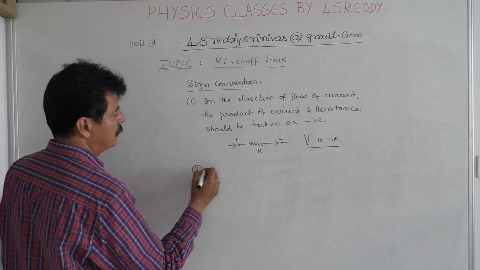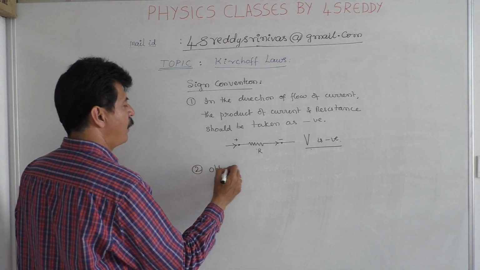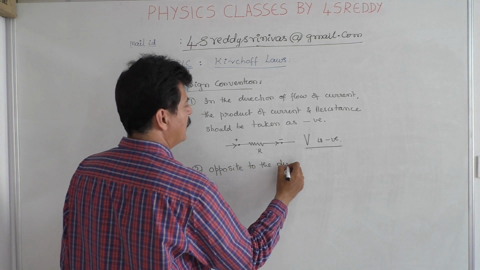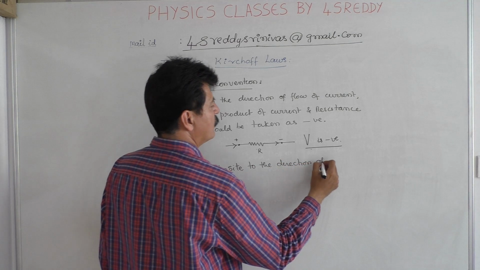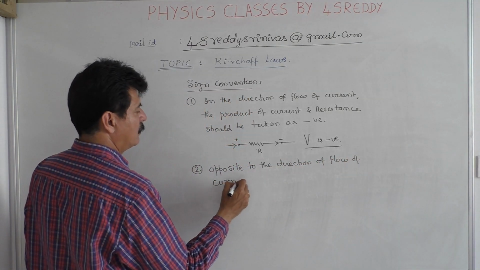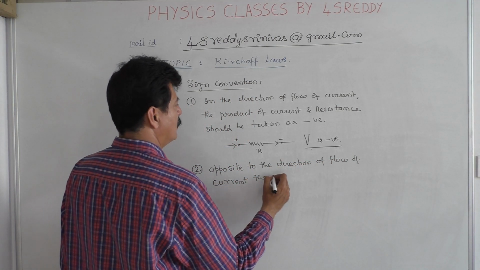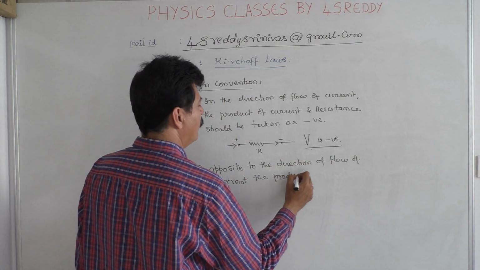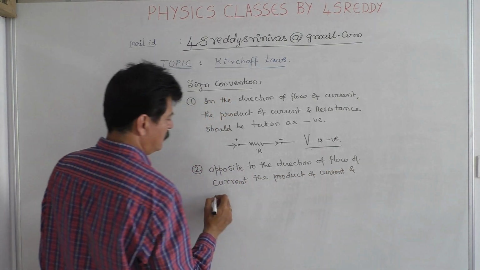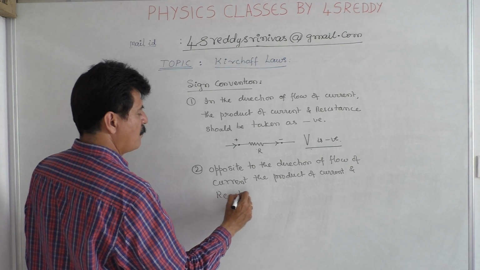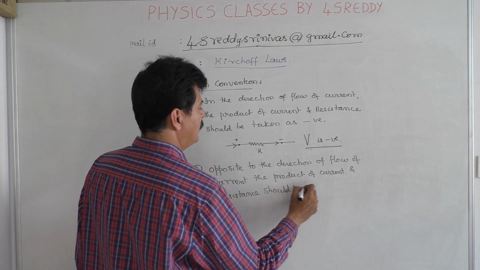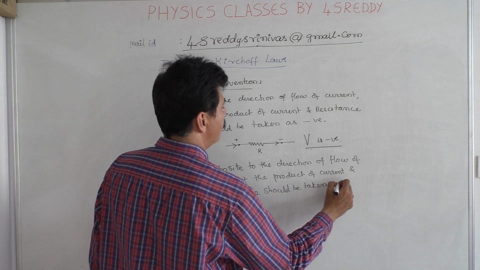Then second one, opposite to the direction of flow of current, the product of current and resistance should be taken as positive.